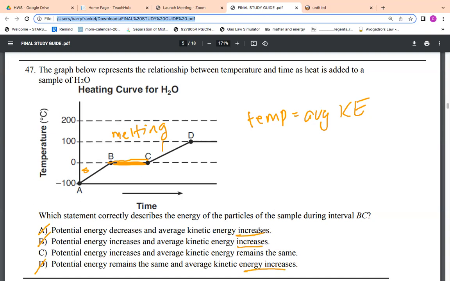That's not true, it's staying the same. Also during this time, potential energy goes up. We're going from something that looks like this to something that looks kind of like this. We are giving this thing way more potential to move around. Liquids have more potential energy than solids do. So potential energy goes up and kinetic energy remains the same.